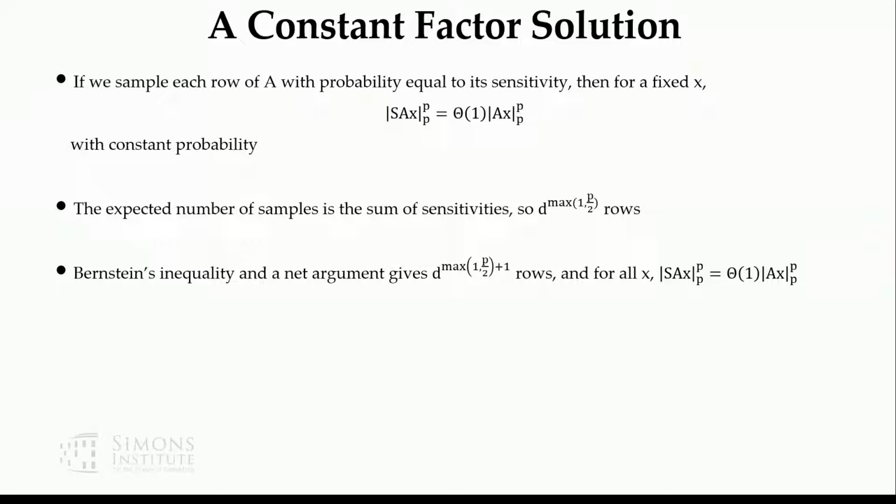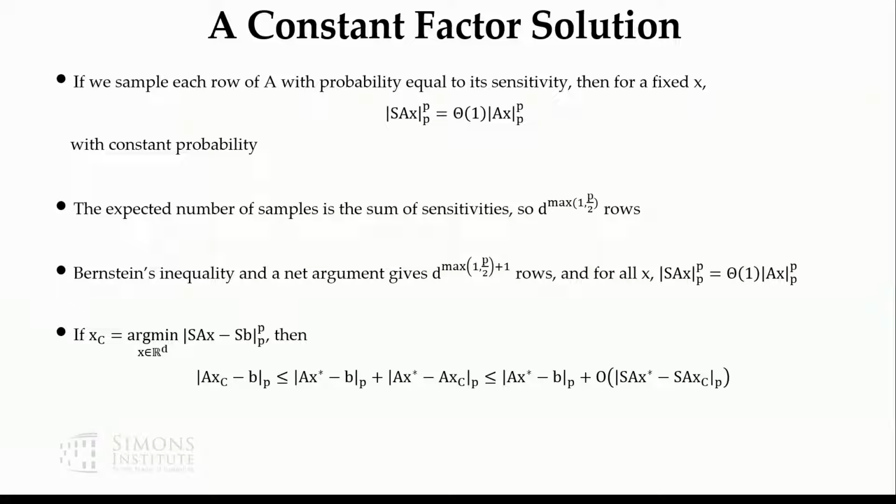So Bernstein's inequality plus this net argument will give you d to the max of 1 and p over 2, plus 1 rows. And now you can say the statement that for all x simultaneously, the p-norm of SAx is within a constant factor of Ax.